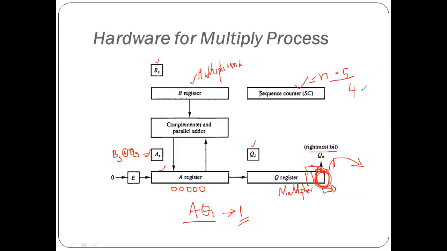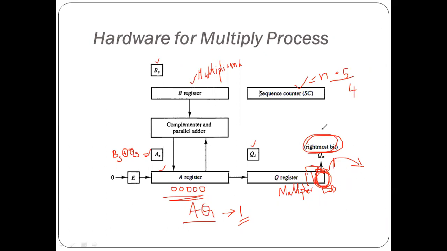It becomes 4. Since it is not 0, again the rightmost bit available in Q is inspected. If this bit is 1, then the multiplicand is added to the accumulator, which holds only 5-bit values. Whatever carries over will occupy the Q register as most significant bits successively, and it is again shifted right by 1.